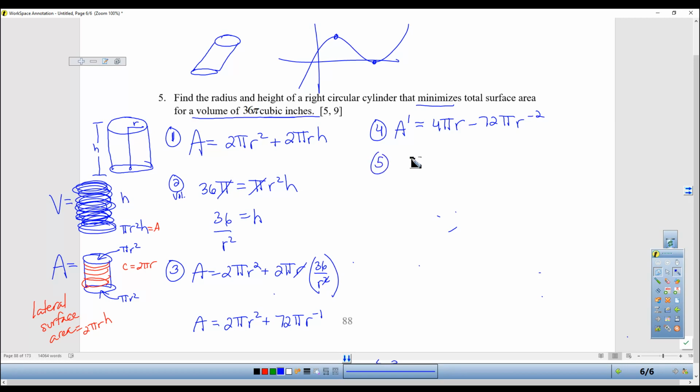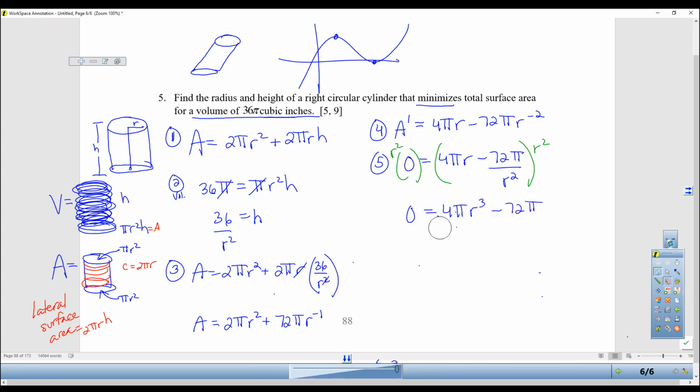And step 5, set it equal to 0. 4 pi r minus 72 pi over r squared. Clear the fractions. That gives me 0 is equal to 4 pi r cubed minus 72 pi. Bring over the 72 pi.